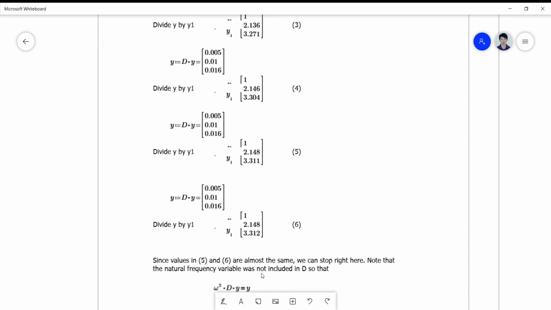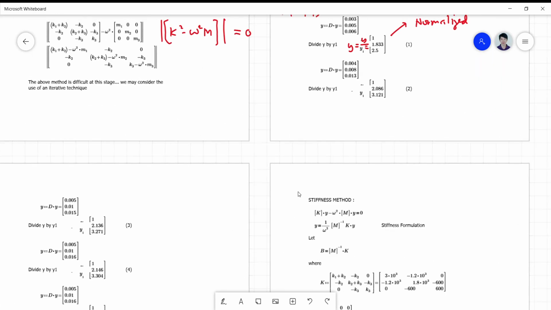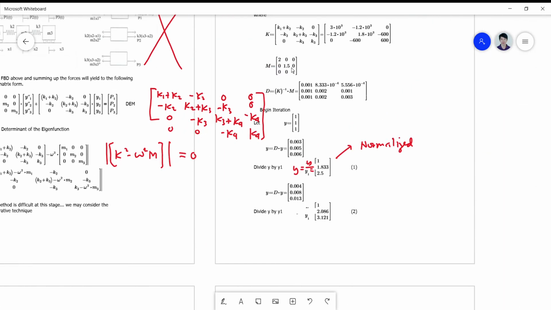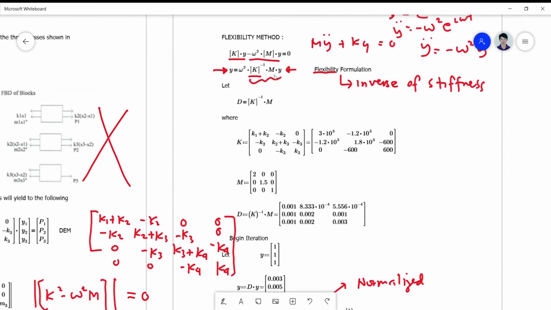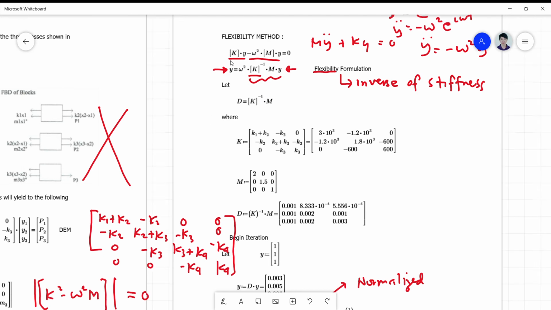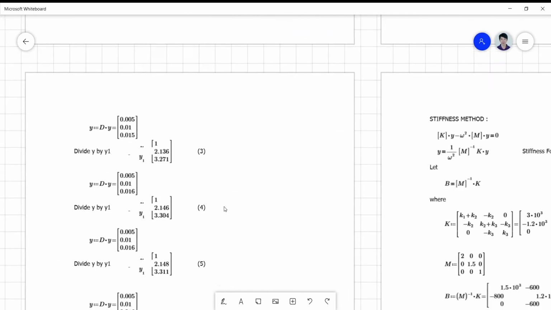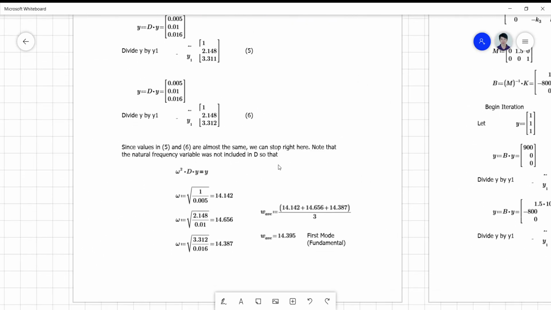Note that the natural frequency was not included in the computation. If you look at the computation here, your D is only k to the negative 1 of m. So the omega squared here was not included, so we have to do a little bit more computation such that omega squared Dy is equal to y. And what is your Dy?